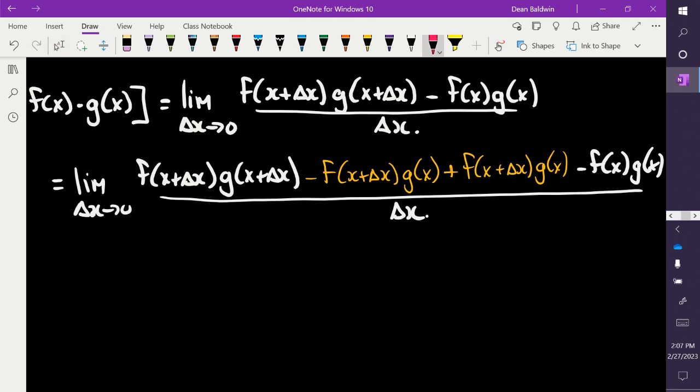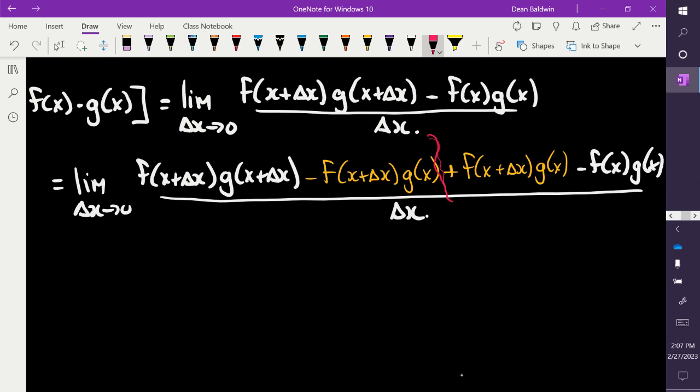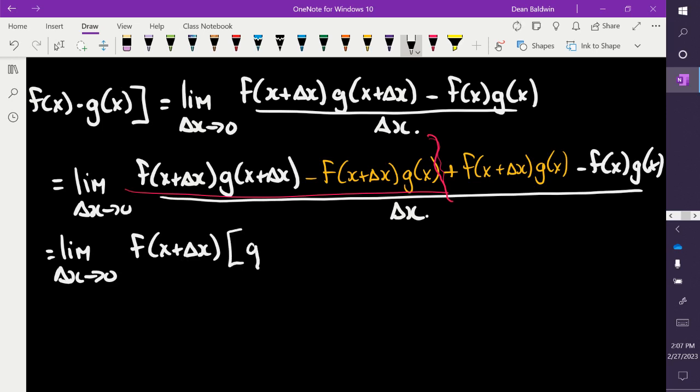Then somebody said, well, if we do that, and then I sort of cleave it, and I look at this bit right here. What can I factor out of that? The f function, f of x plus delta x. You don't have to. I'm not going to ask you to reproduce this. So if you factor it out, you get this. And I'm going to split this into two parts.